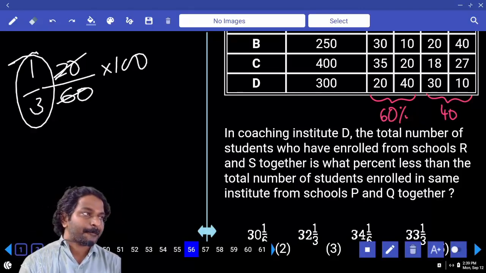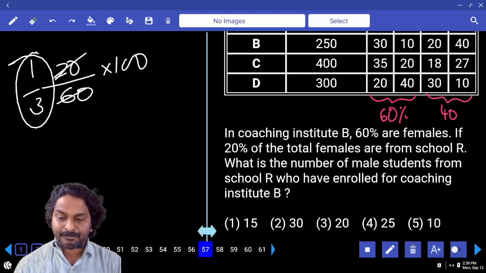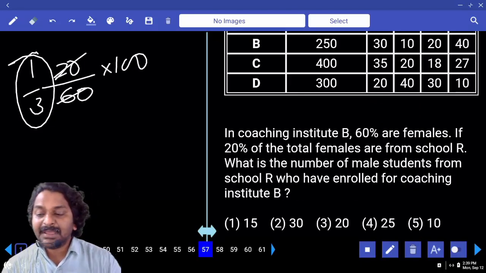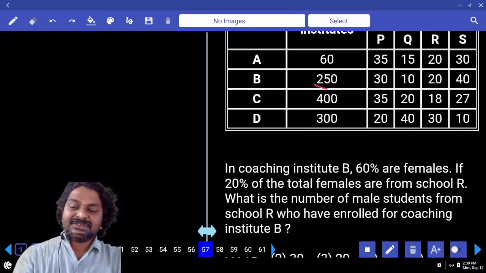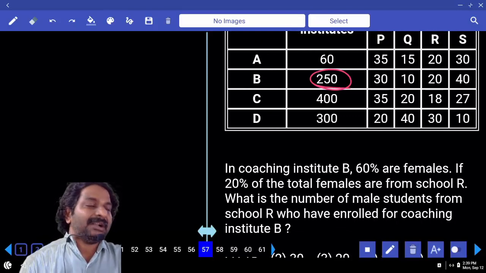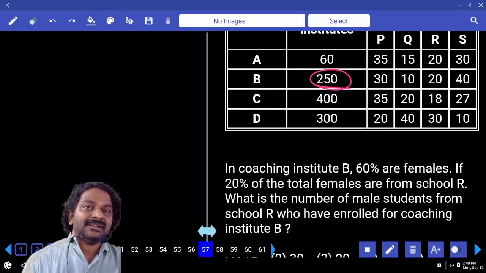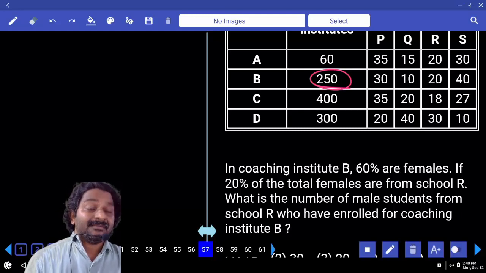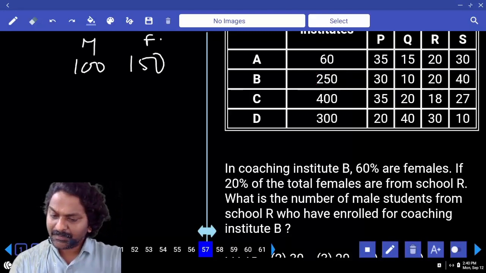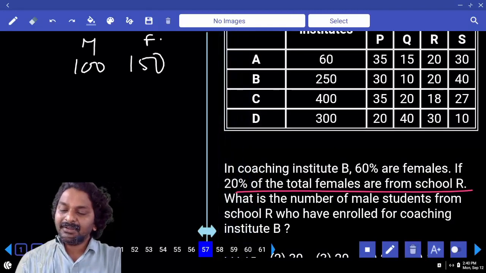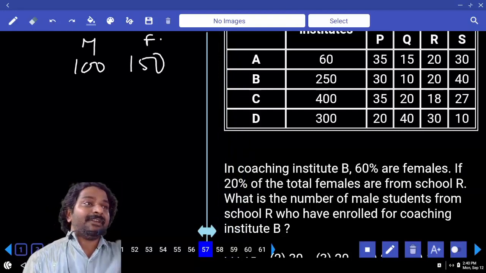In coaching institute B, 60% are female. So how many female are there? 60%. 10% double, triple. 150 female, correct? Then the remaining 100 are male. If 20% of the total female from school are... So the total female, there is some number here.